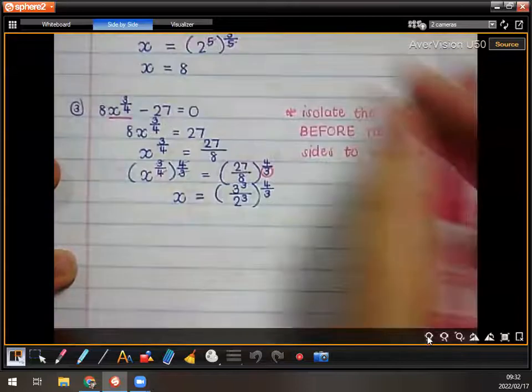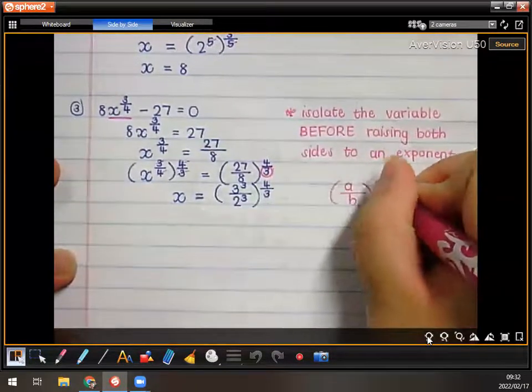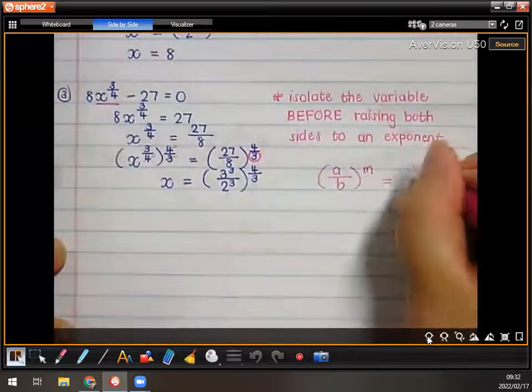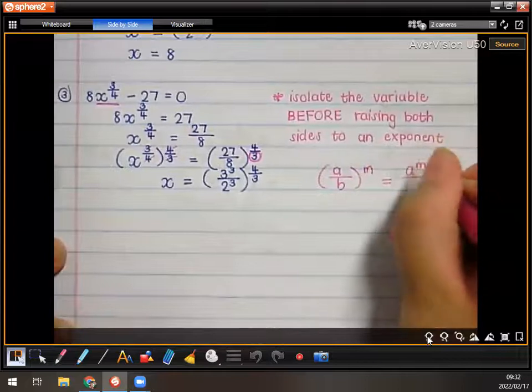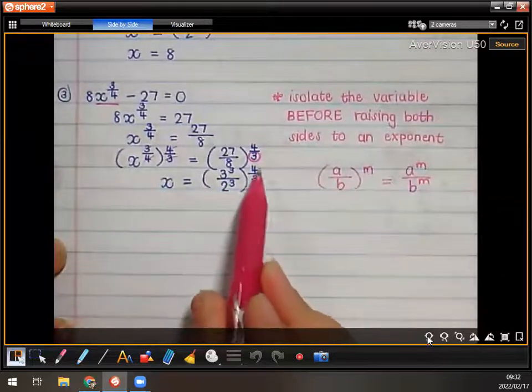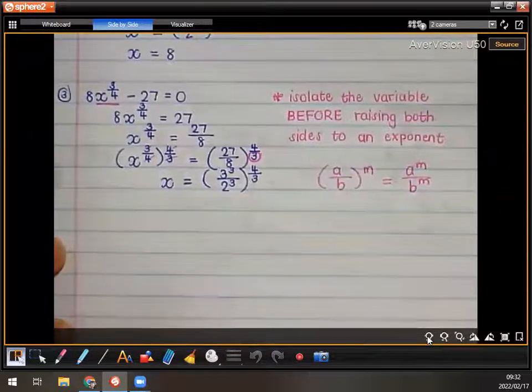What happens when you have a fraction? I'm just going to rewrite this rule that we looked at yesterday as well. When you have a fraction raised to an exponent, you raise the top to that exponent and the bottom, right? You remember? So now I'm going to have to say 3 times 4 over 3 at the top and 3 times 4 over 3 at the bottom.